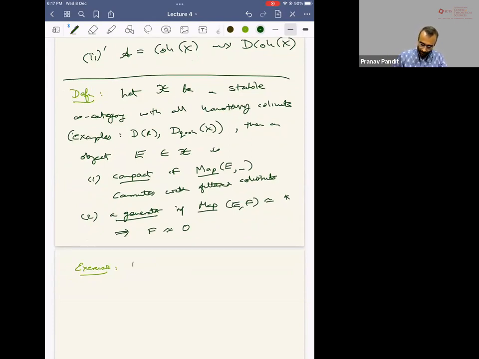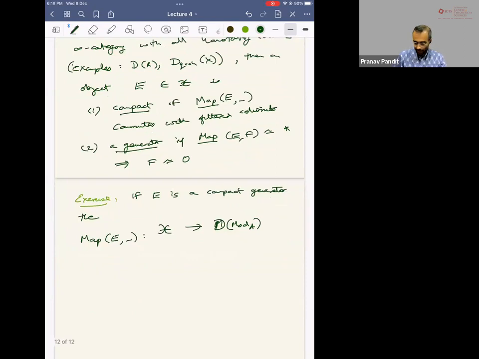It says that if E is a compact generator, then maps from E to blank defines a functor from X to the derived category of modules over A, where A is going to be a DG algebra, with F going to maps from E to F, which is acted on by A, which is maps from E to E, which is going to be an A infinity algebra.